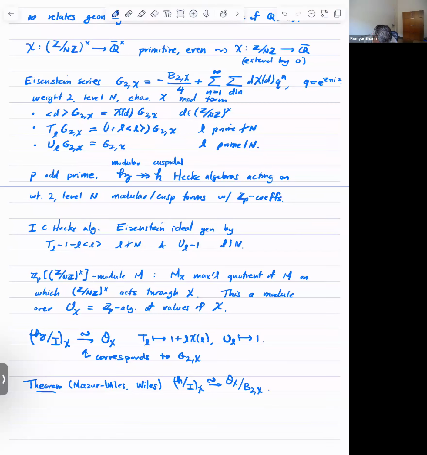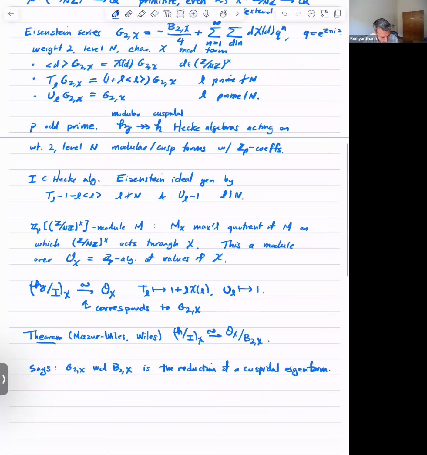Okay, so this says G_2 chi mod B_2 chi, so we get rid of the constant coefficient, is the reduction of a cuspidal, and then you can actually see it lifts. So it doesn't quite say this, but cuspidal eigenform. Okay.